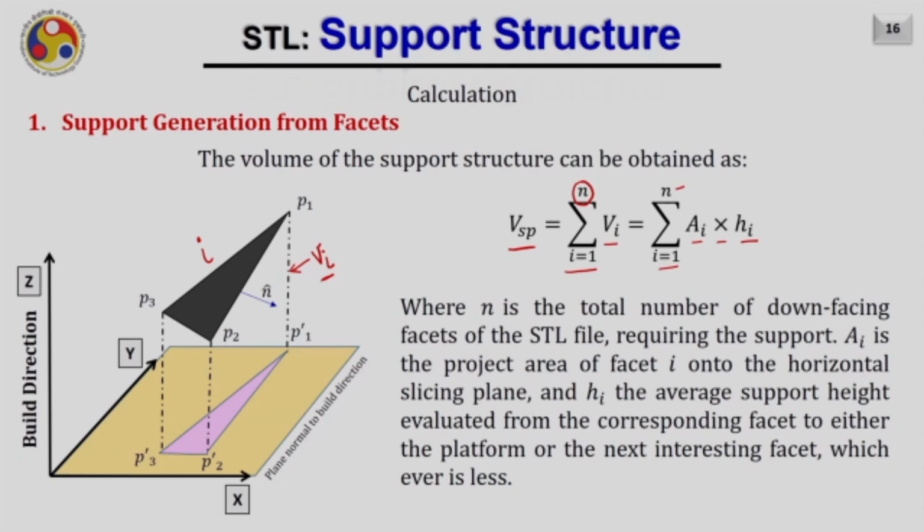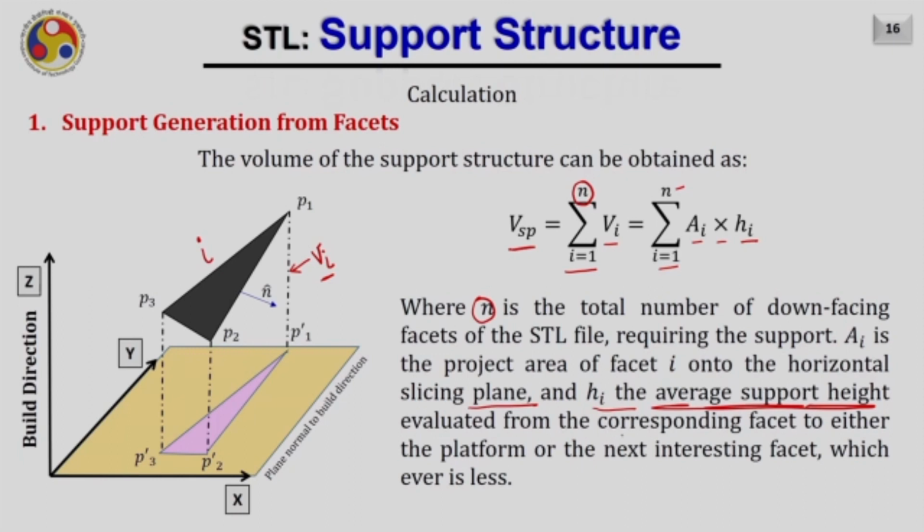All the down facing triangles may not require support, so only those down facing triangles that require support are represented by n here. Ai is the projected area of facet i onto the horizontal slicing plane, and Hi is the average support height evaluated from the corresponding facet to either the platform or to the next intersecting facet, whichever is less.